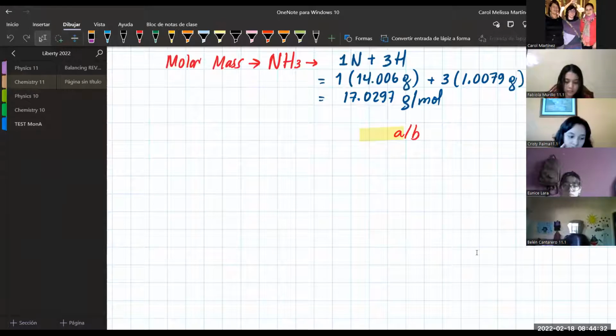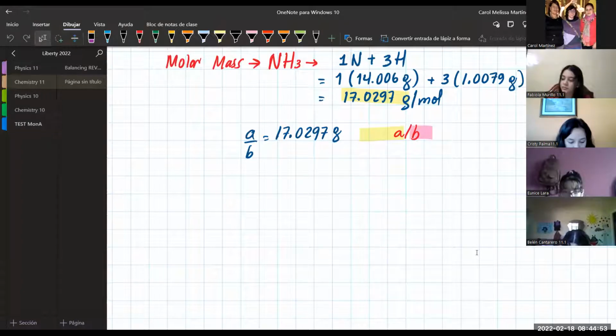In this case, to the left, you have the grams, so you write 17.0297 grams, and the denominator is the right side. What do you have on the right side? You have just mole. So b represents your number of moles.